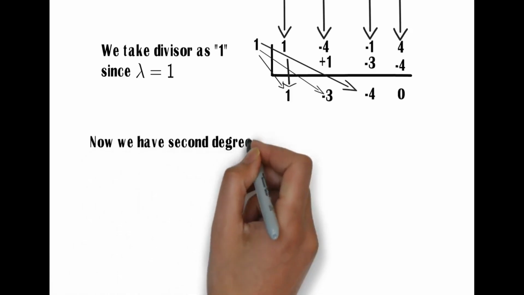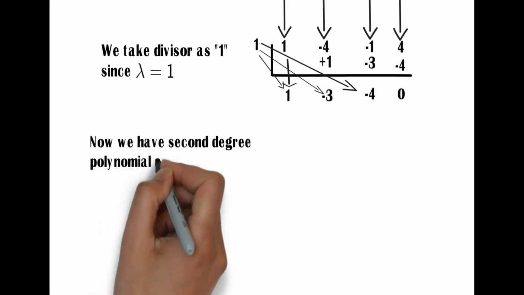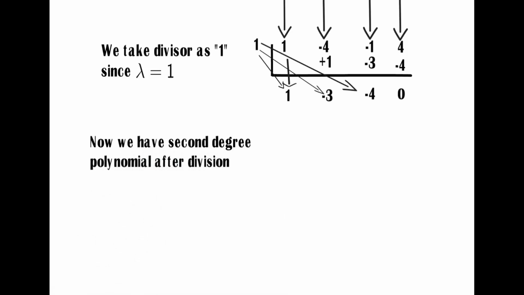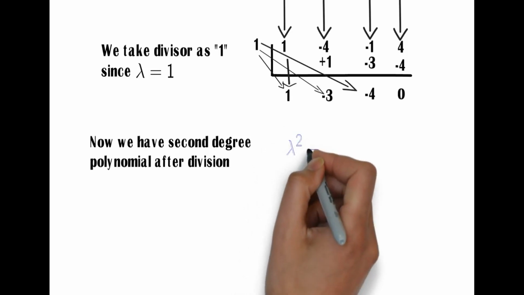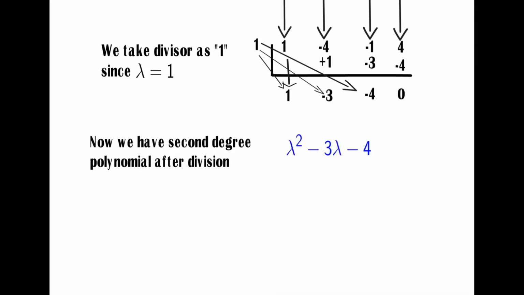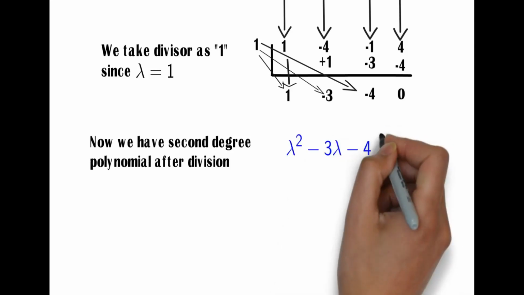Now we have the second degree polynomial after division. Lambda square minus 3 lambda minus 4 equal to 0.